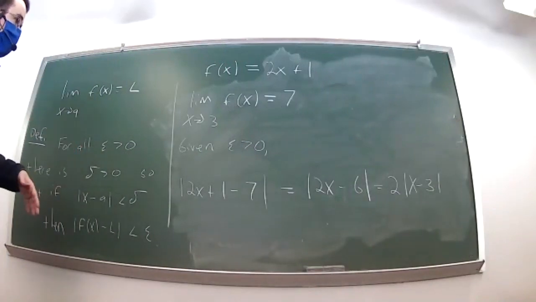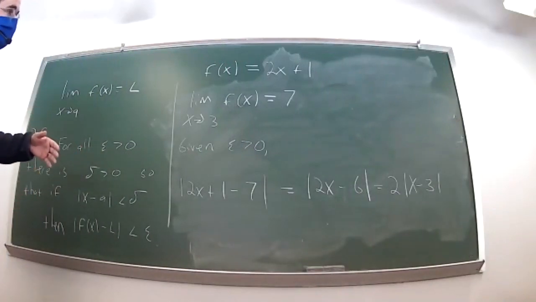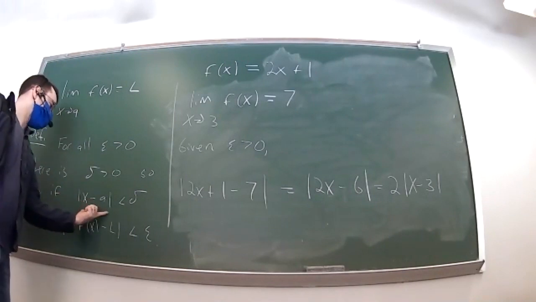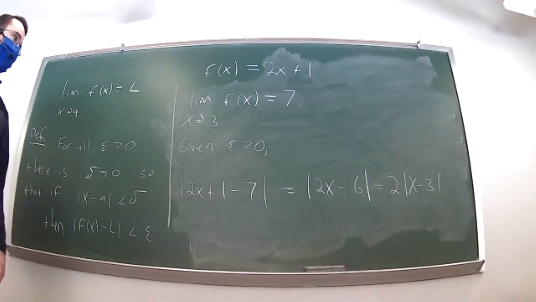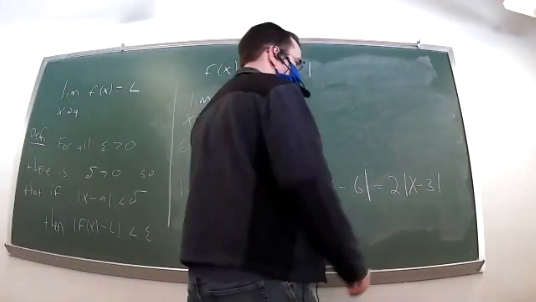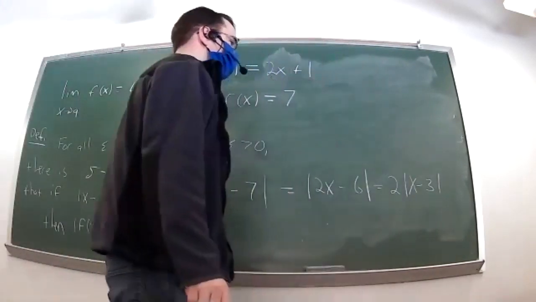So this is what's allowing us to relate |f(x) - L| back to |x - a|, in this case, |x - 3|. And the relationship is, it gets multiplied by the slope.